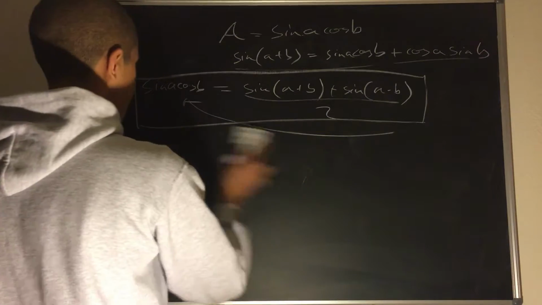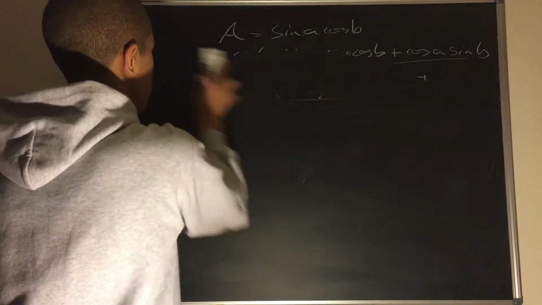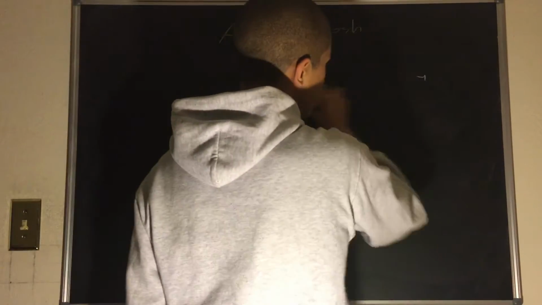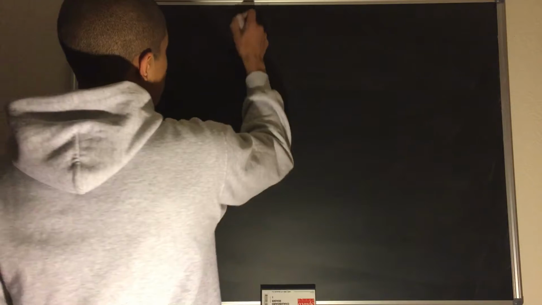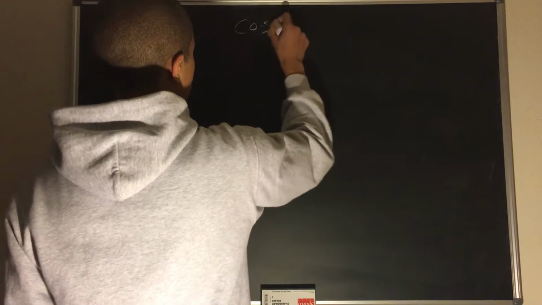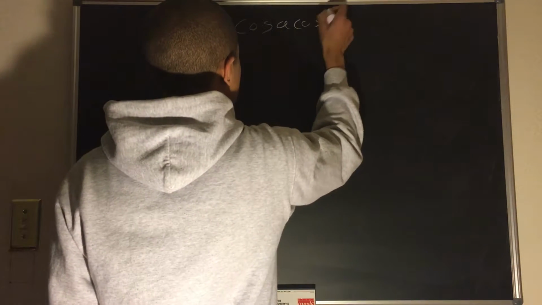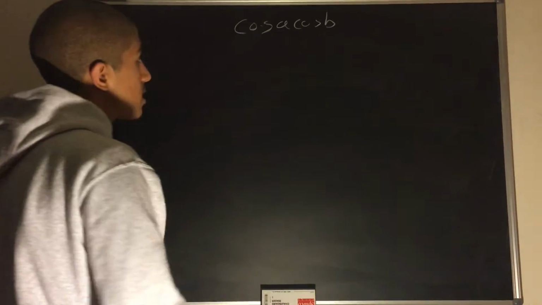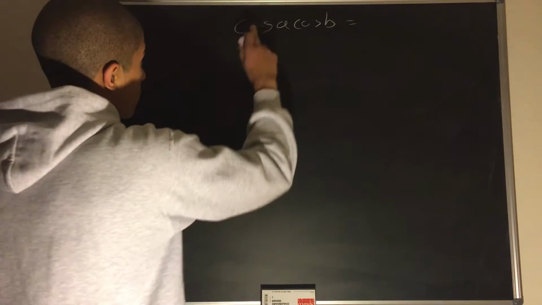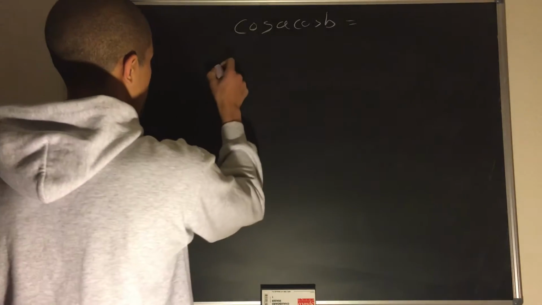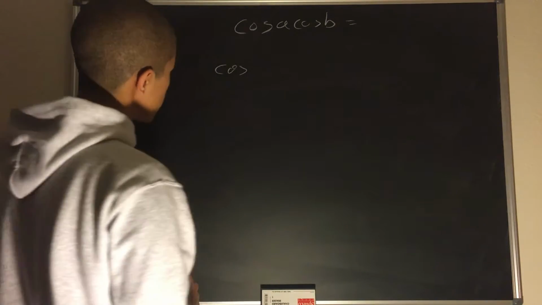Now that we've finished that, we will move on to cos A cos B. So we will ask the question, can cos A cos B be expanded into a simpler format? And yes, we can, because this looks very familiar.